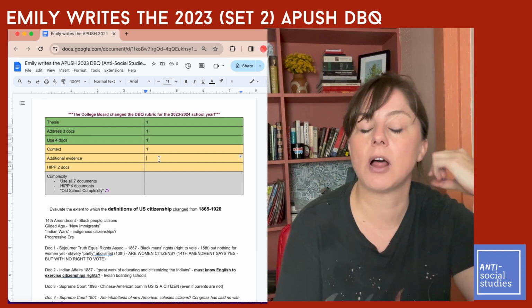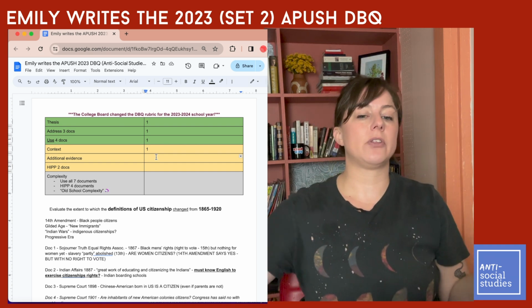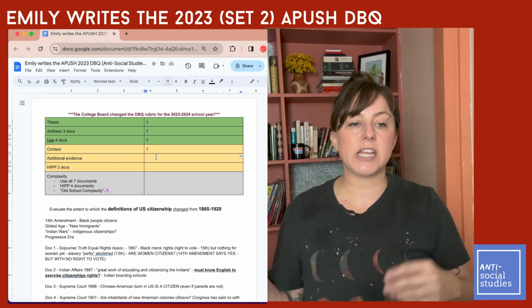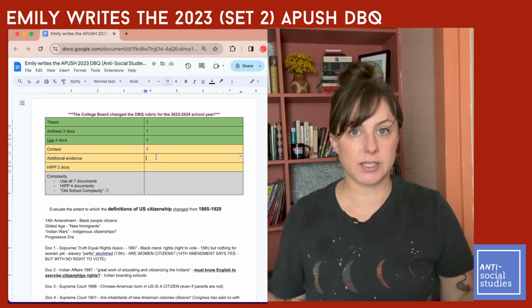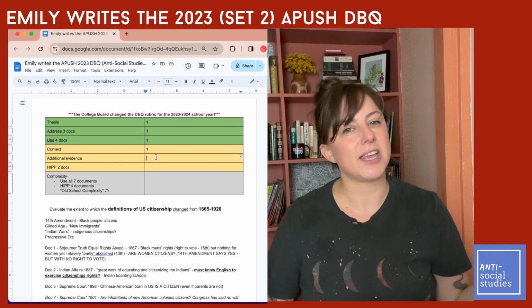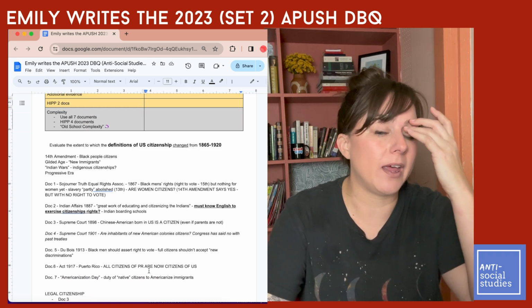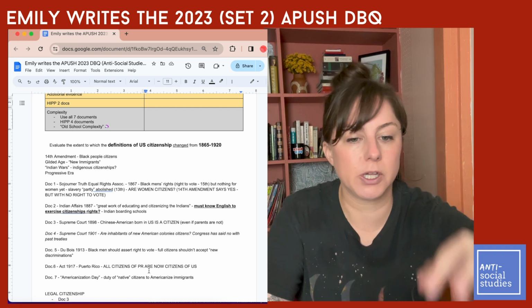So now I'm looking at the clock and going, additional evidence in theory is either the easiest or the hardest point, because if you just happen to know something that's additional evidence, then it's super easy. You just add it in. It's just one thing. But if you can't think of anything, you can't think of anything. So my additional evidence would have been the 14th Amendment, but that's clearly included in here.